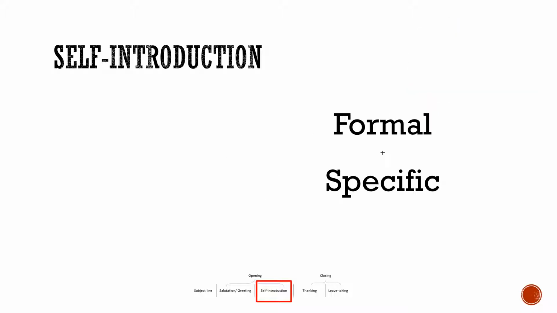So what do we mean by formal and specific? So for example, I'm Fan. This is neither formal nor specific. This is not a good example. I'm Fan Yun. This is more formal and more specific. This is better.